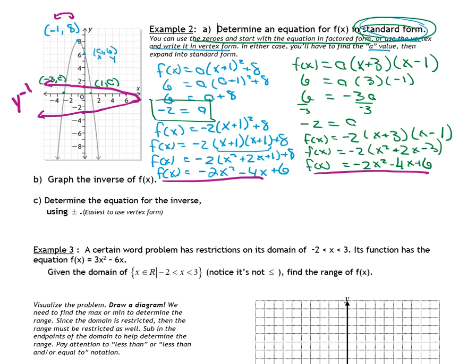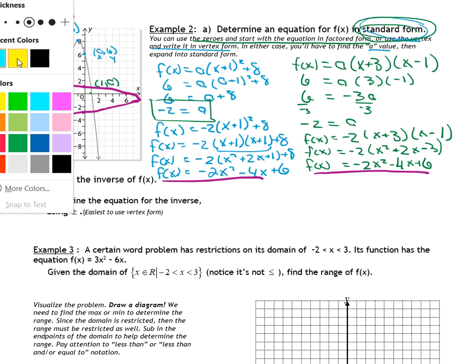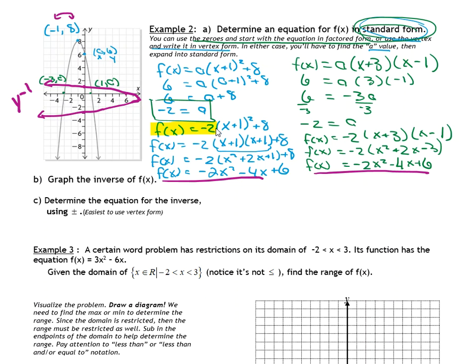Because in vertex form here, there's only one x. Whereas in factored form, there's one x, and I keep going, there's another x. So the reason why 2 x's is worse than 1 here, or standard form, look at standard form. Standard form's got 2 x's in it as well, but 1 squared.